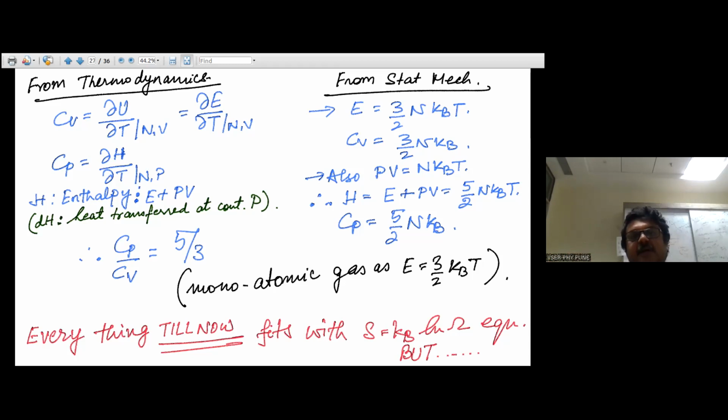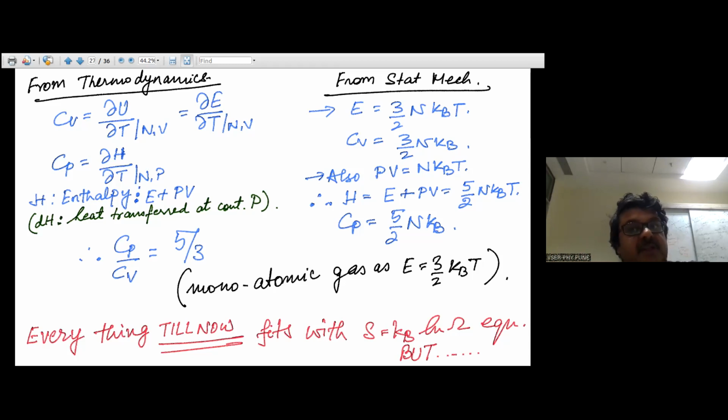So temperature is something which you get because S is a function of E, V, and N. So when you take the derivative of S with respect to E, that's a condition of thermal equilibrium if two things are brought in contact, and that quantity, the derivative of S with respect to E, we associate it with 1 by T, right?